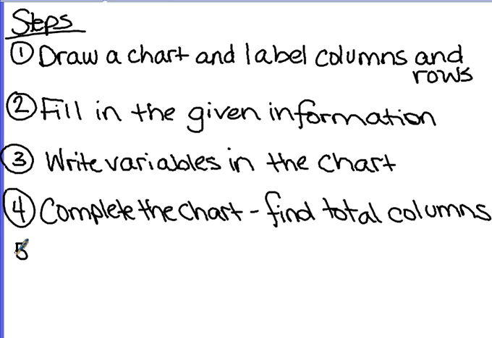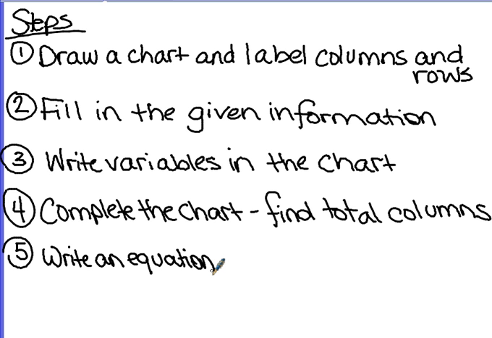Step 5. We want to write an equation. Usually, we're going to add the last column boxes and set that equal to the mixture's column for your first equation.